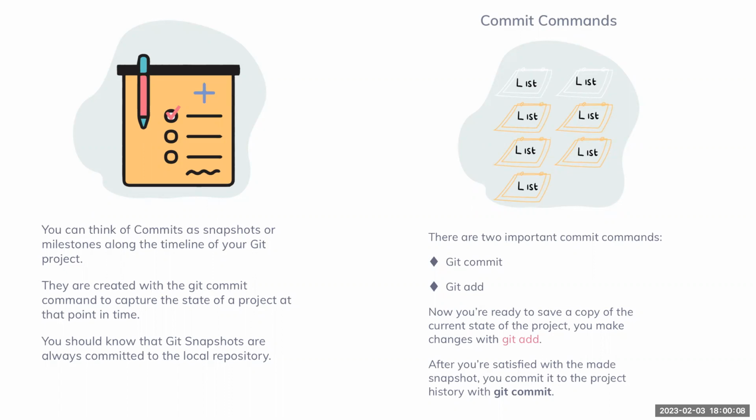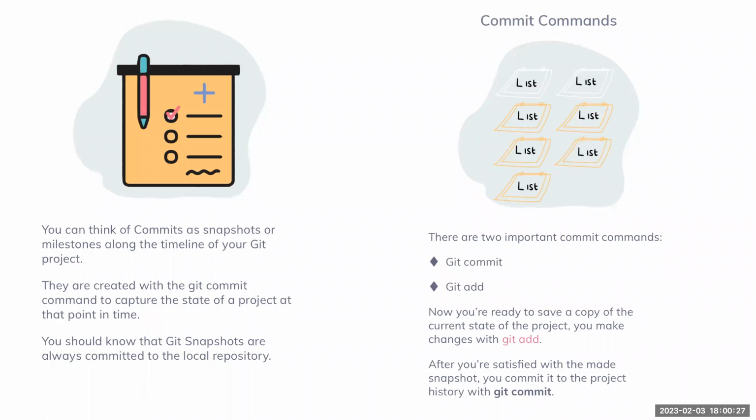You can think about commits like that. They are created with the git commit command to capture the state of the project at that point in time. Git snapshots are always committed to the local repository.